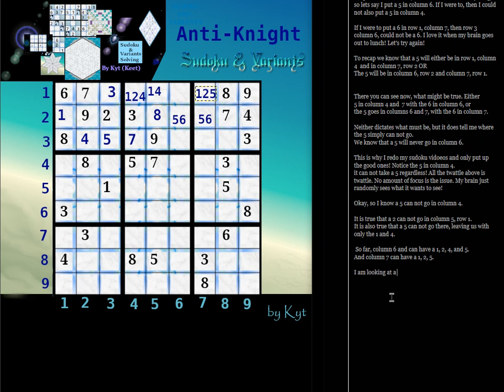I'm looking at an X pattern with that 5.